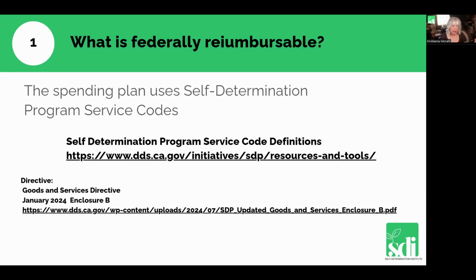So the first is the service code definitions. Department of Developmental Services are the ones who contract all the regional centers. They have a website, and on that site, it has this, I think it's 32, 34-page document that goes into really good descriptions about all of them. So you read this.